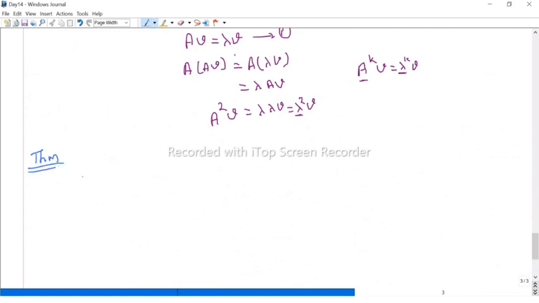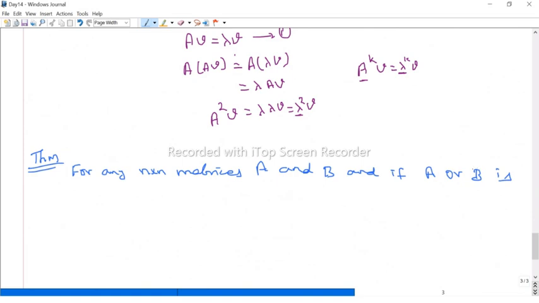Suppose we have two n by n matrices A and B, and assume that one of the matrices is non-singular. Either A is non-singular or B is non-singular. Non-singular means invertible.